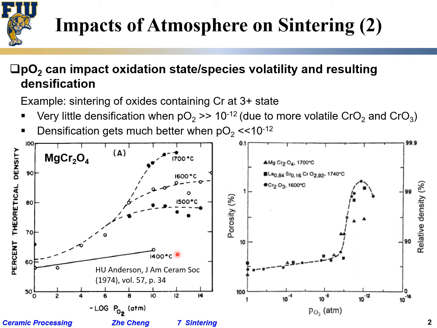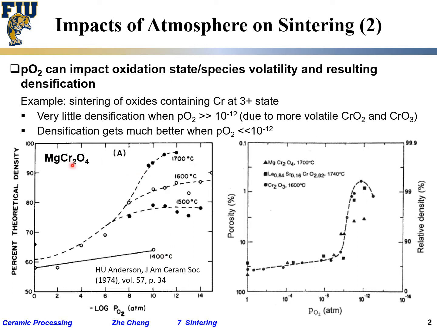No, it means you have very little oxygen. Don't forget they have a negative sign here, which means here I'm talking about a pretty inert or even reducing atmosphere. Very little oxygen. And then they are doing this so-called isothermal sintering at different temperatures, right? And what do they find?